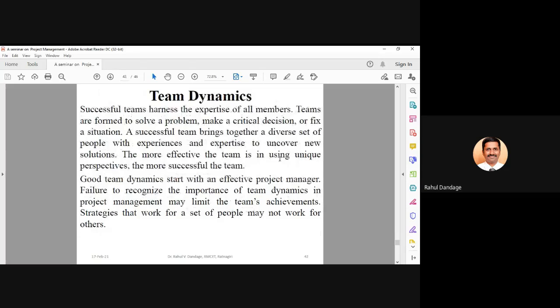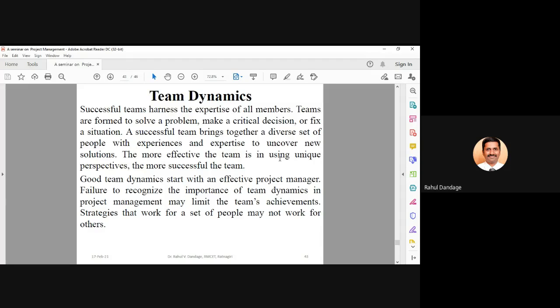So these are the various team building activities. The last part of this module is about team dynamics. Successful teams harness the expertise of all members. It is not like only a few people will develop their expertise, but a project team can be called successful when it is harnessing the expertise of all the members. Teams are formed to solve a problem, make a critical decision, or fix a situation.